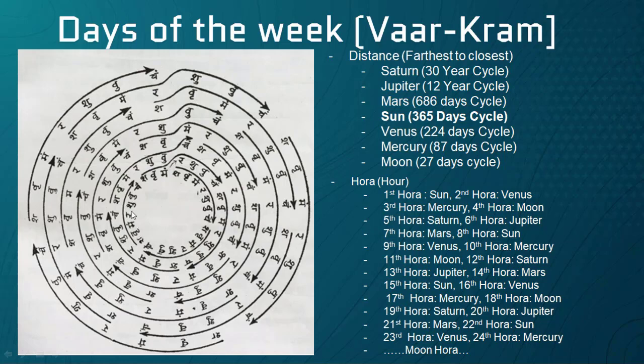This goes on, and after the Mars hora, the next hora is the Sun. So you see here, Sun gets the next day, so it becomes Sunday. In a similar way, you keep going for 24 hours, and every hour gets a lordship. Then here you get Monday, Chandrama, which is Monday.